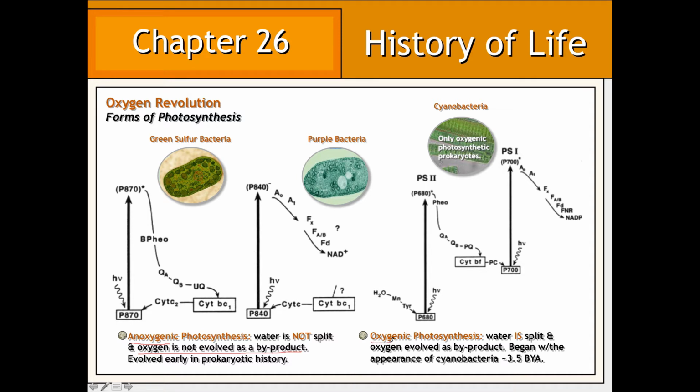Oxygenic photosynthesis, as the name suggests, involves the splitting of water and the release of oxygen as a byproduct. This process most likely coincided with the appearance of ancient cyanobacteria around 3.5 billion years ago. And as a result of this process, it initiated what is often regarded as the oxygen revolution during this early part of Earth's history.